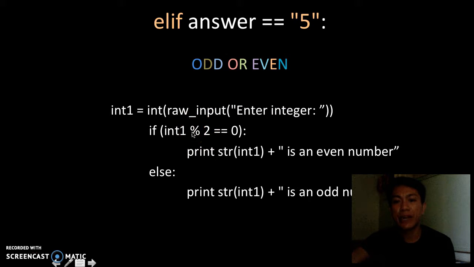Modulo is dividing by 2, but the answer that it gives us is the remainder. If 0, it means the number is even, or if there is 1, because there's a remainder, that means that the number is odd. So again, from int, it becomes a string here because it becomes a part of these expressions.